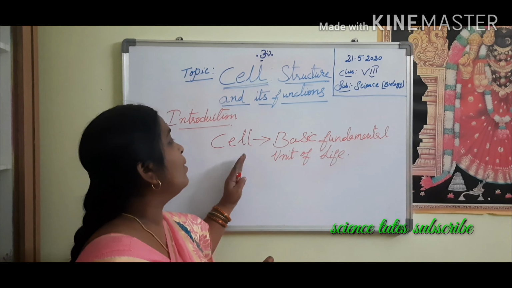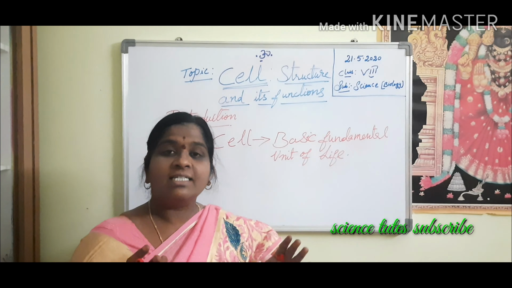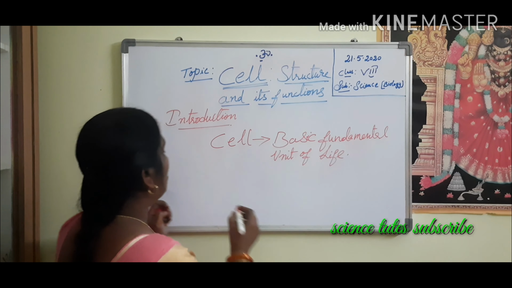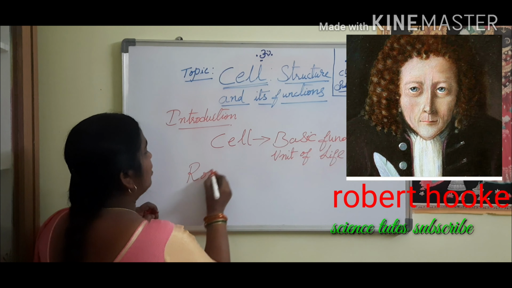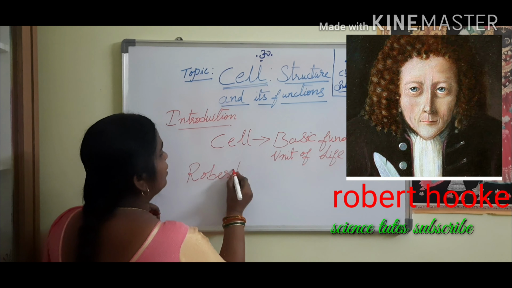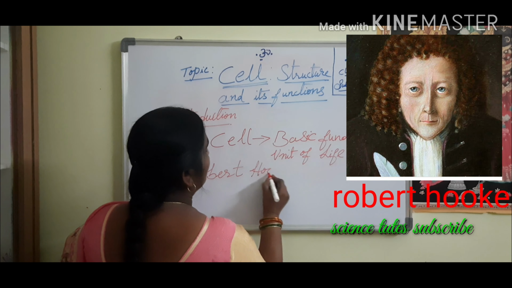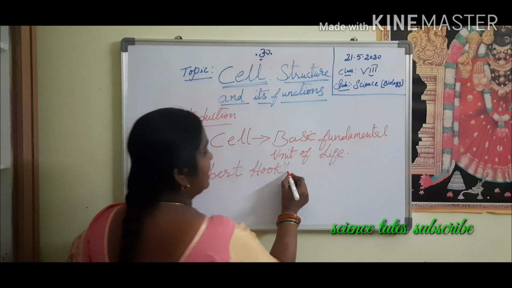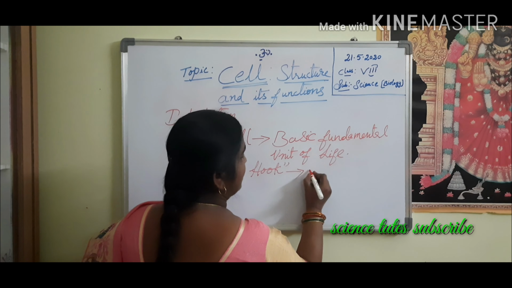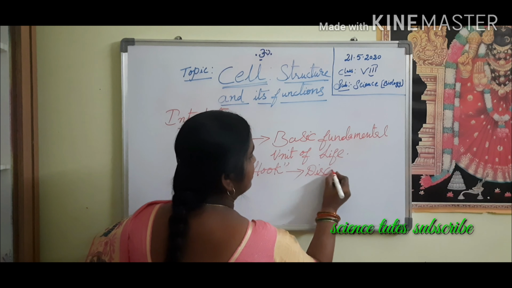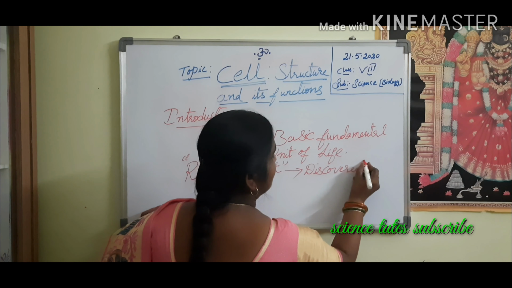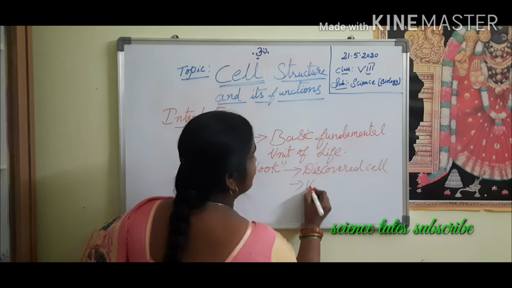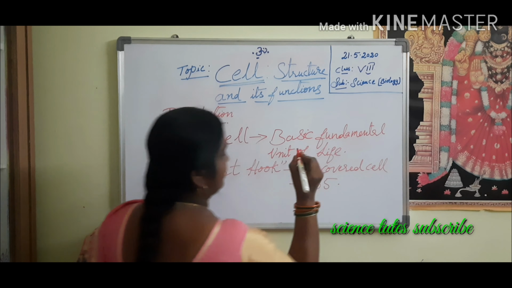Understood? So, our great English scientist is named Robert Hooke. What is the scientist's name? Robert Hooke. He is an English scientist. He discovered the cell in the year 1665.